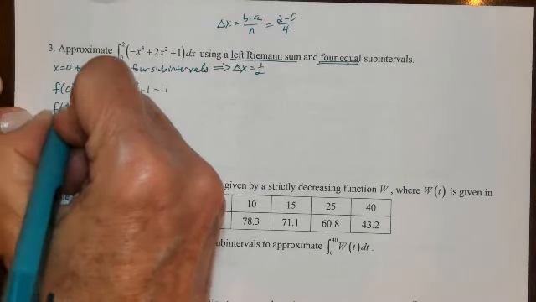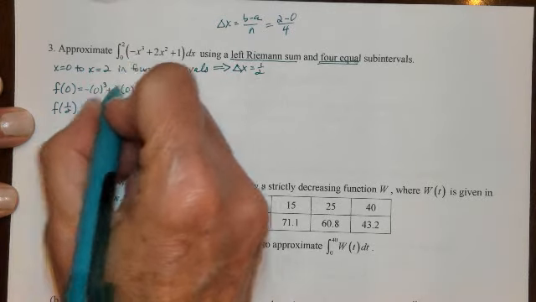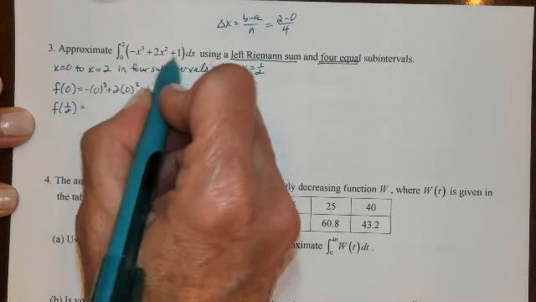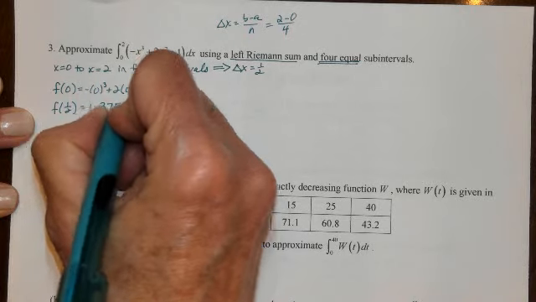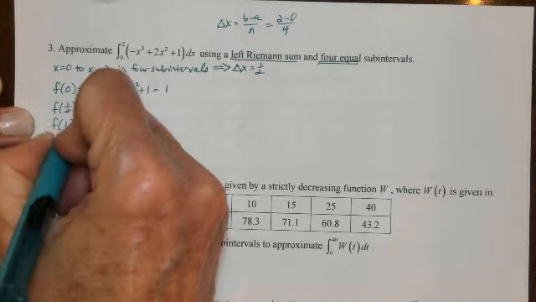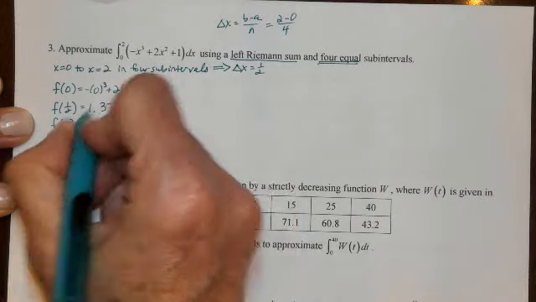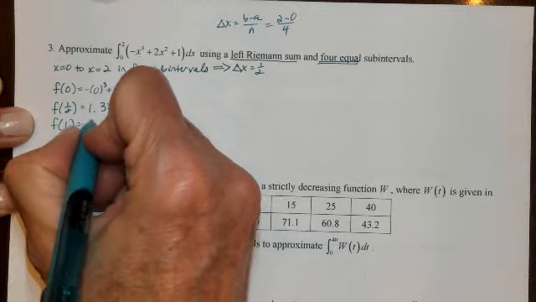The next height will be f at 1/2. So we're going to put 1/2 in for x. That turns out to be 1.375. Next up we find f at 1. So we put 1 in for x. That turns out to be 2.